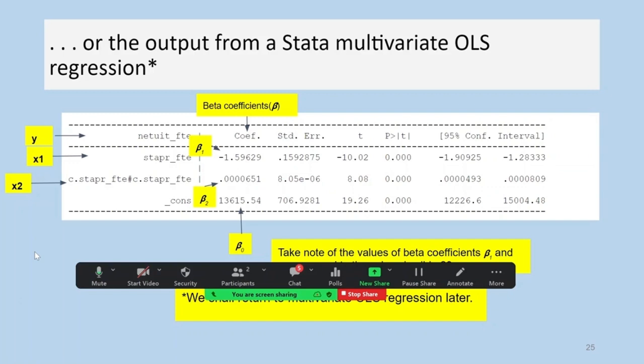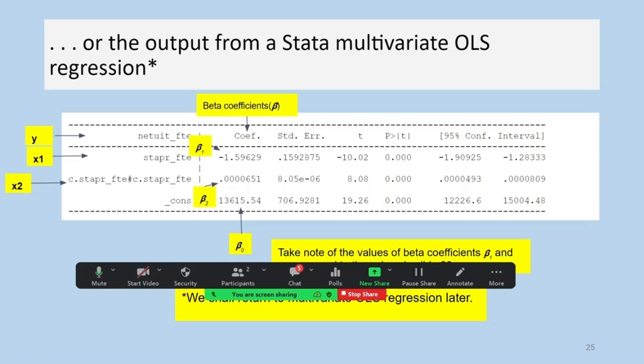If you wanted to look at a curvilinear relationship, you would put this in. Because state appropriations FTE is a continuous variable, you would put c. period, the variable name, then a hash mark, and then c. period, the variable name again.